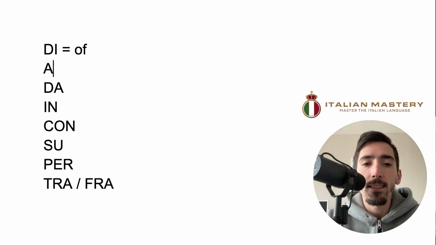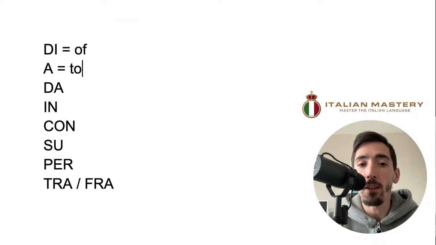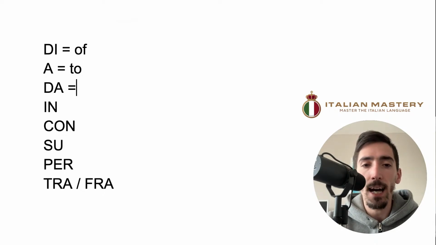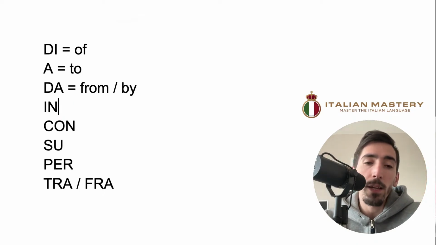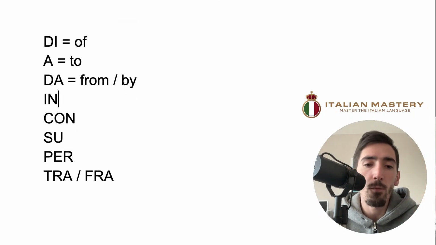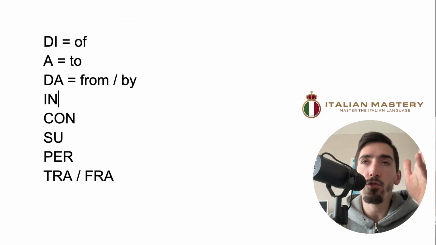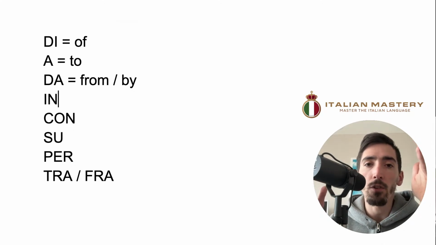let's translate the prepositions just so that we are sure what they mean. So di, of; a, to; da, from or by. Now this is awful. Normally I wouldn't do this. When I learn a language, when I teach a language, I will never translate word for word because I'm guaranteed to be wrong.